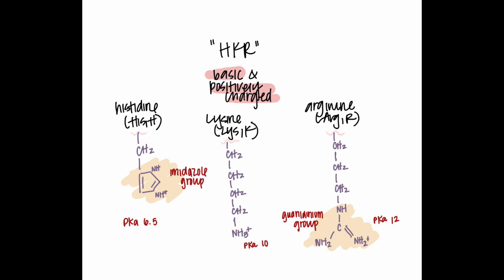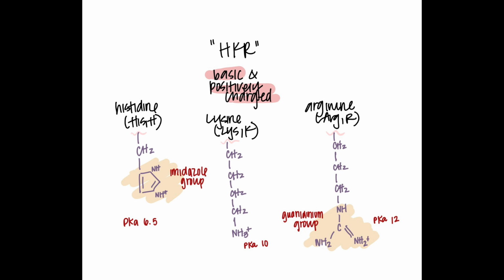Some things to note that are important for the MCAT. The group highlighted on histidine is the imidazole group, and the group highlighted in arginine is the guanidinium group. This is important to know. I've gotten questions like this on the MCAT, so this is just something you have to memorize. I also included their side chain pKa's.